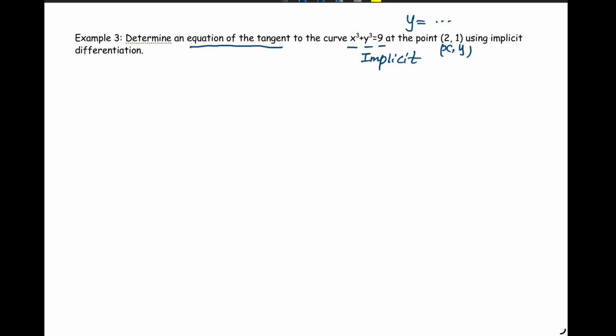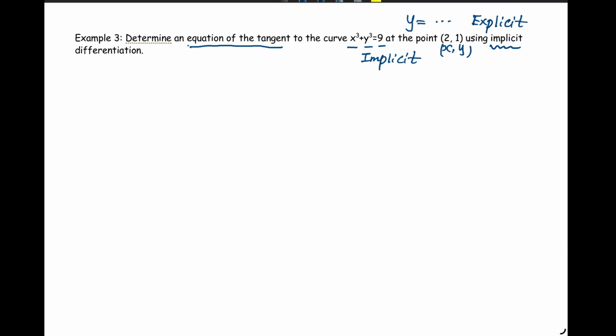So using the implicit differentiation. Sometimes you are able to solve for y and change the implicit function to an explicit function, but this question asks you to use implicit differentiation. It means you need to apply d by dx to both sides to solve it.